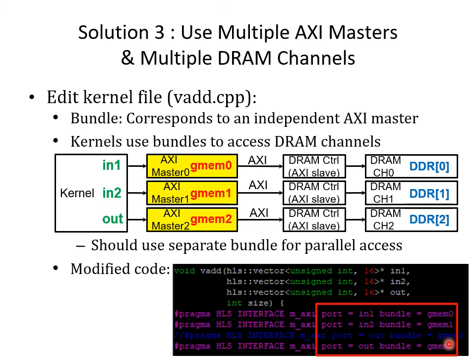Now, gmem is not a keyword, and you can pretty much use any name you want as long as the bundle name for each argument is different. Vitis will recognize that you want to use a different AXI master.